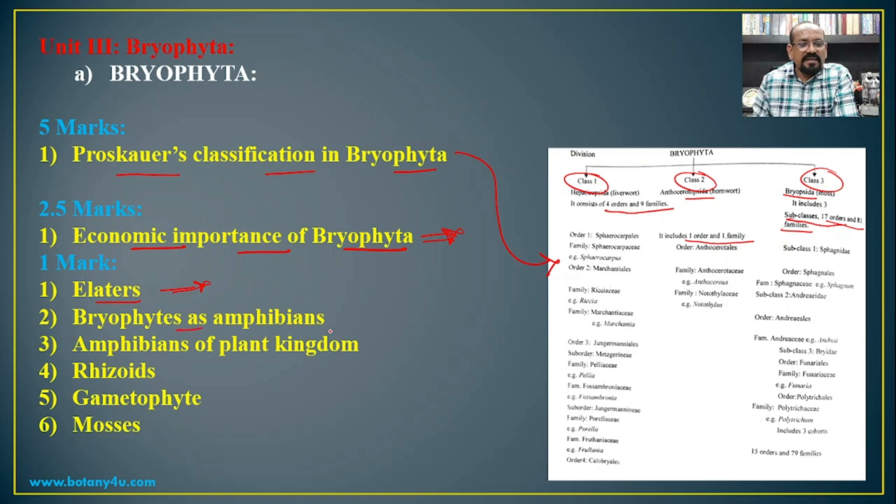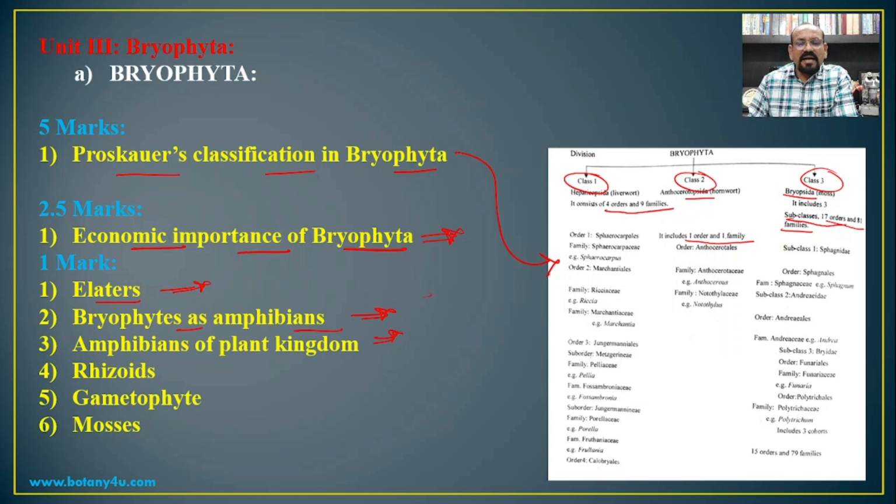Then bryophytes as amphibians. If you see the bryophytes and their life cycle, you will find that there is a need of water for sexual reproduction, as the male gametes are motile and move from antheridia to archegonia. But if you see the structure of the bryophytes, they are provided with rhizoids and they grow on the soil.